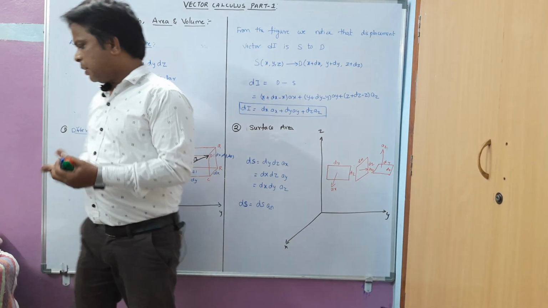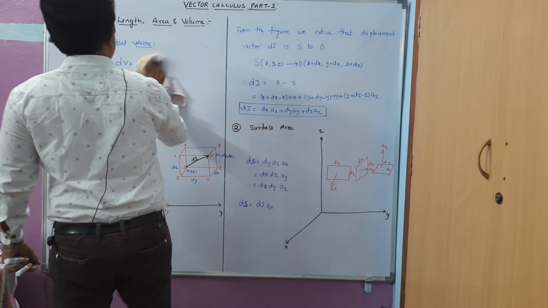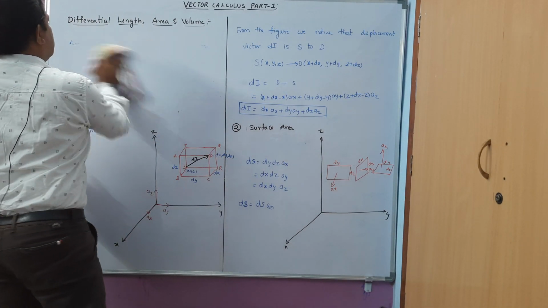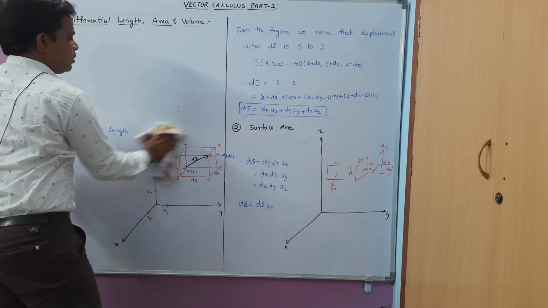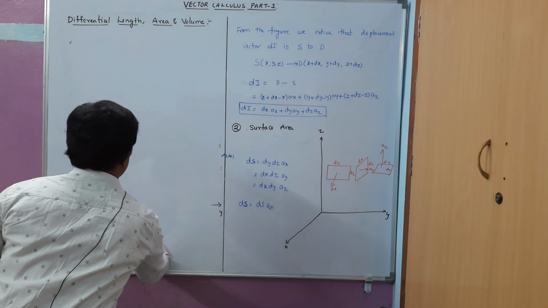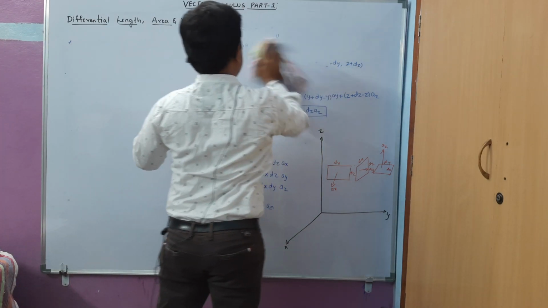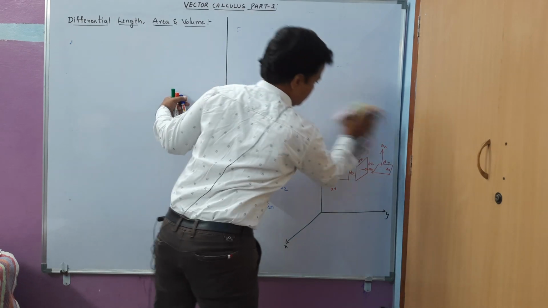Now let us move to the cylindrical coordinate systems. It is very important. Next, differential area and volume we'll talk about in the cylindrical coordinate systems. So this was about the Cartesian coordinates.